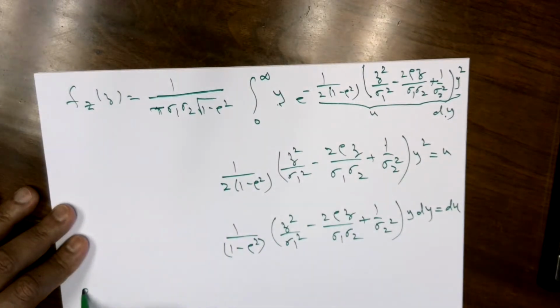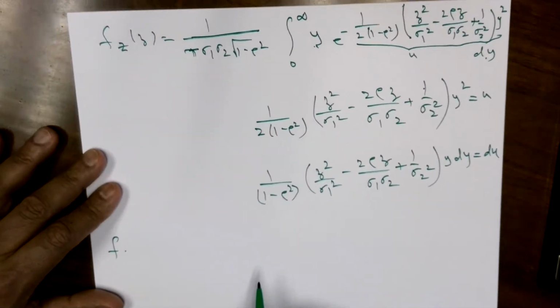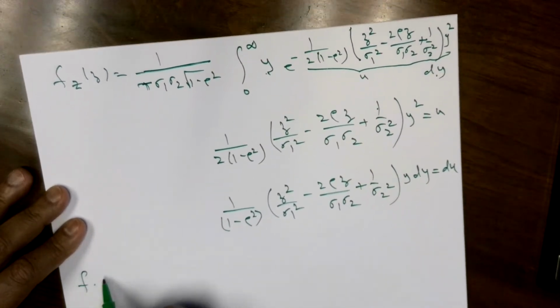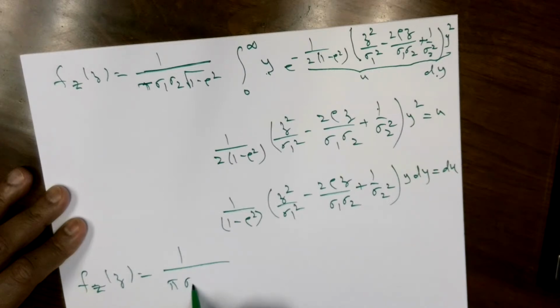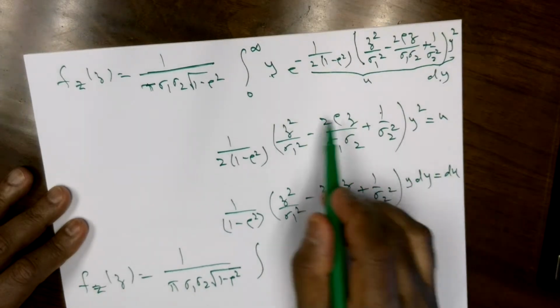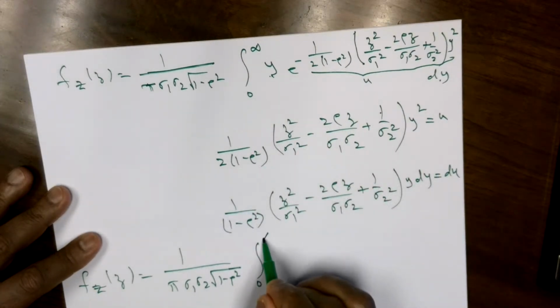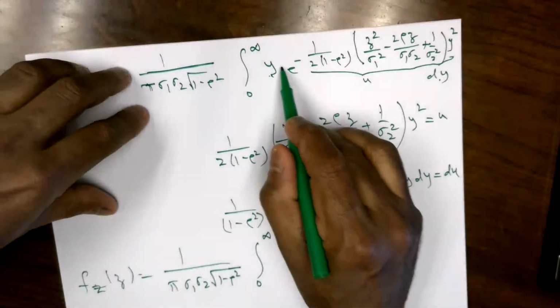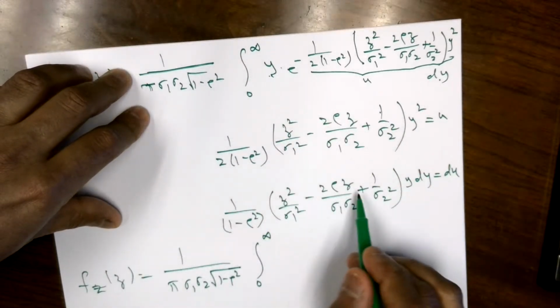So this whole thing, the integral for f_Z(z), then we can simplify this as 1 over pi sigma 1 sigma 2 times the integral. When y is 0, u is 0. When y is infinity, u is infinity. y dy is du divided by this constant.